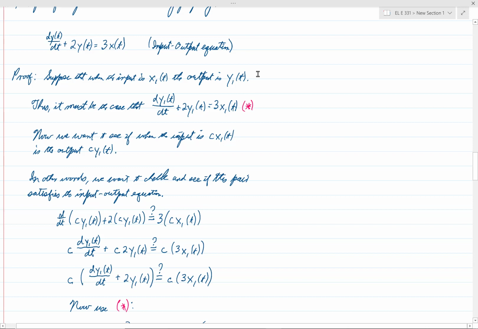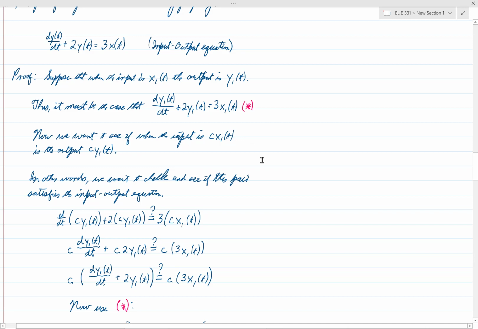Now, since we know that that works, that means that it must satisfy the input-output equation for the system. So, in other words, when we plug in y1 for y and x1 for x, we get a true equation. So this equation right here that I've marked with this red asterisk is a true equation.